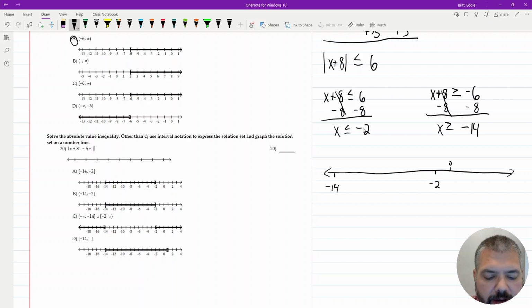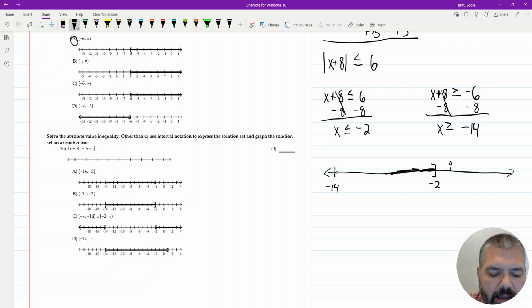So let's go to where we have negative 2. This says x is less than or equal to negative 2. Remember, less than means to the left. So we're going to put a bracket at negative 2, and we're going to shade to the left. We're not going to go too far, though, because we need to see what's going to happen with this other equation whenever we graph it. This says x is greater than or equal to negative 14.